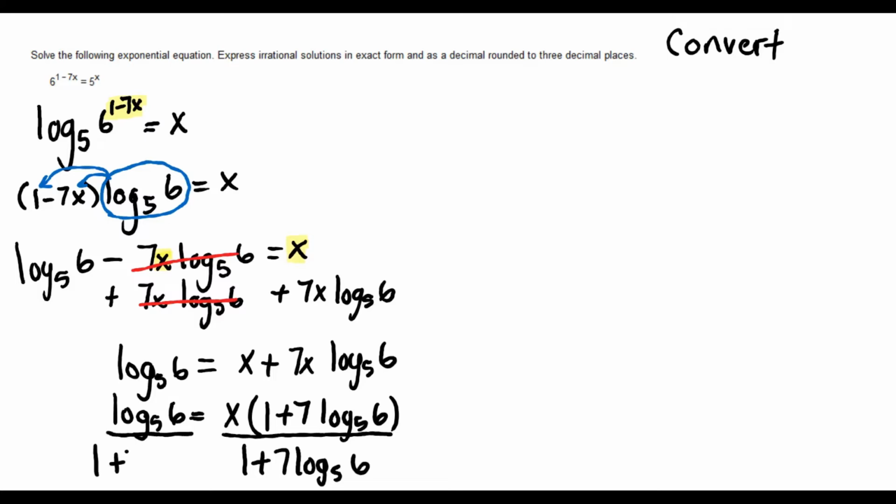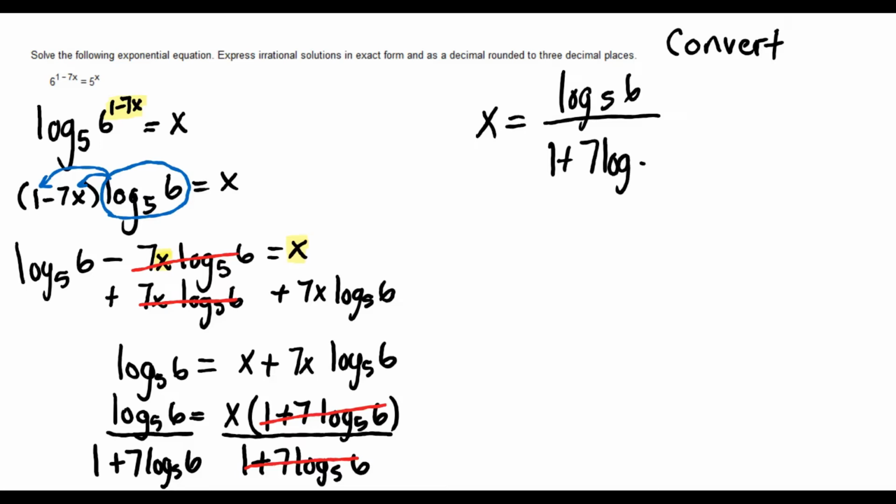I'm going to do the same thing onto the other side. That cancels out what's next to x, and now I'm left with my solution. X equals log base 5 of 6 over 1 plus 7 log base 5 of 6.